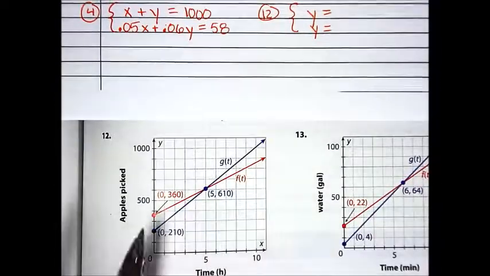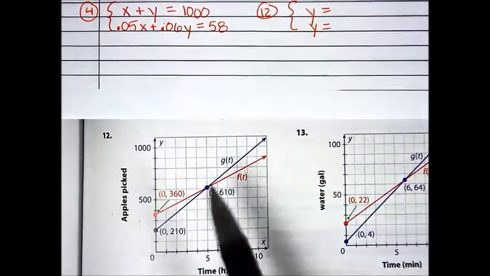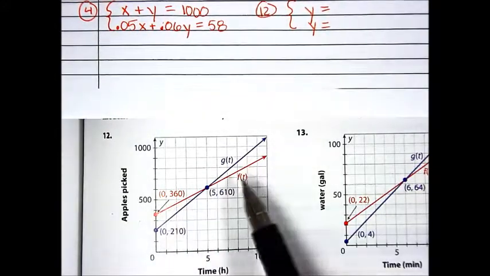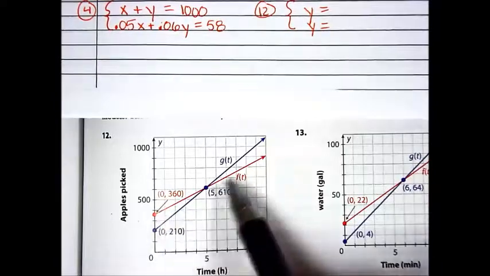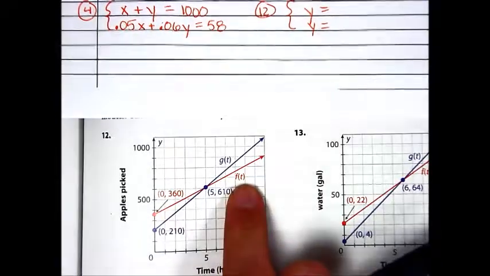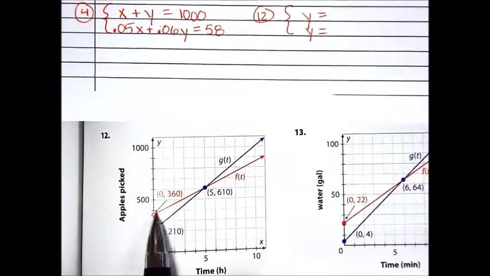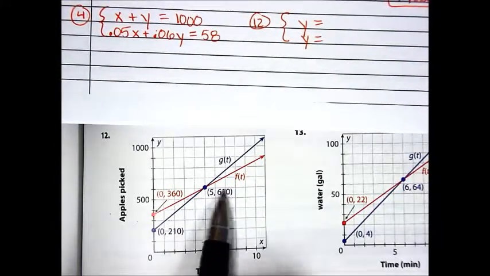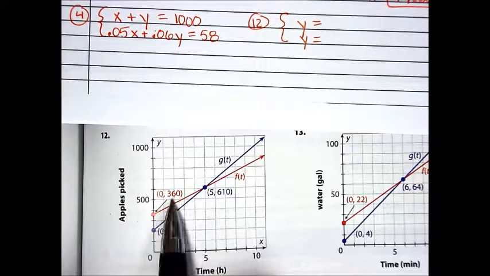Okay, so look, you can tell right there. Let's do the red line first. Okay, so it's y equals, or you could say f of t equals, okay? But you need the slope, okay? Guys, that's where you're going to do y2 minus y1.